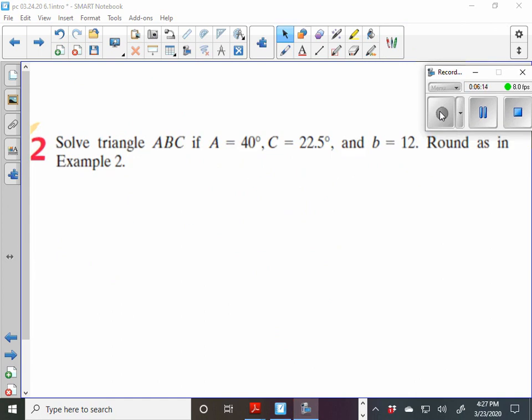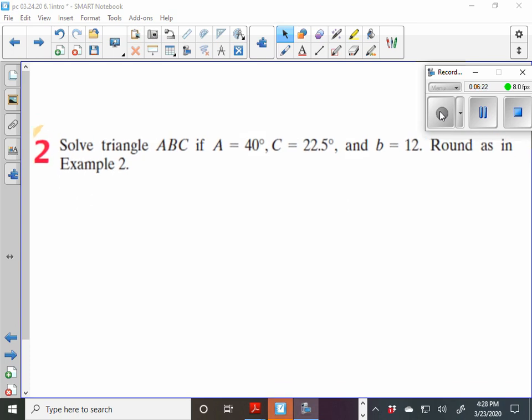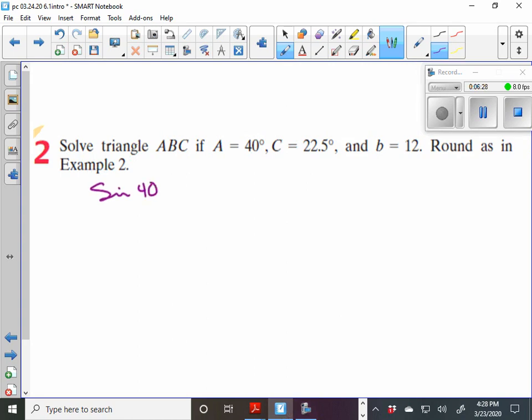All right, so I'm going to go ahead and just fill in the law of sines. We're going to start out and just say sine of 40 over a equals sine of B over 12 equals sine of C over c.